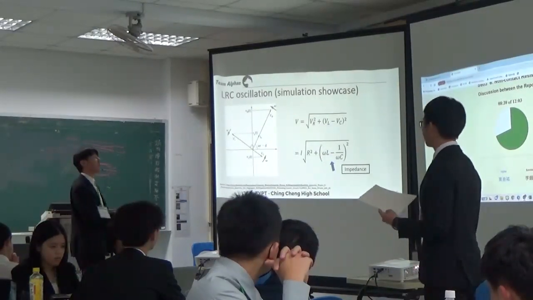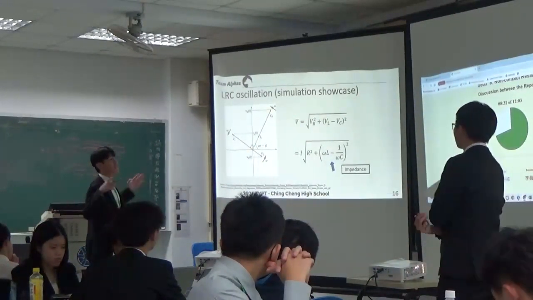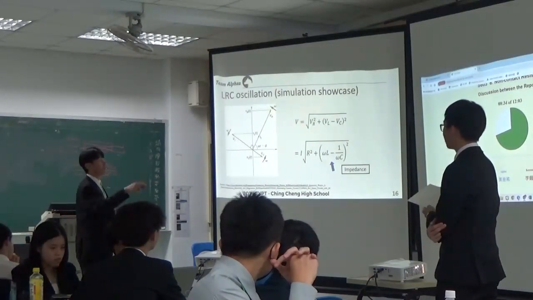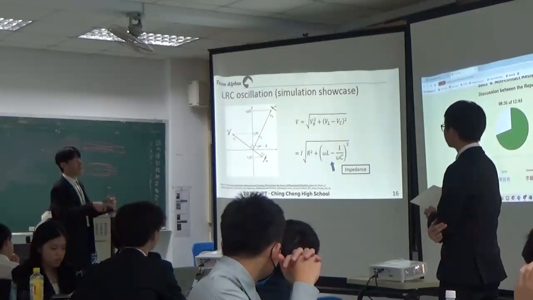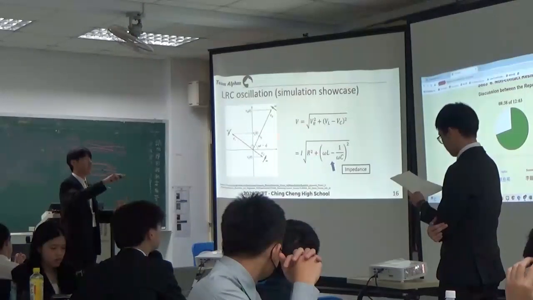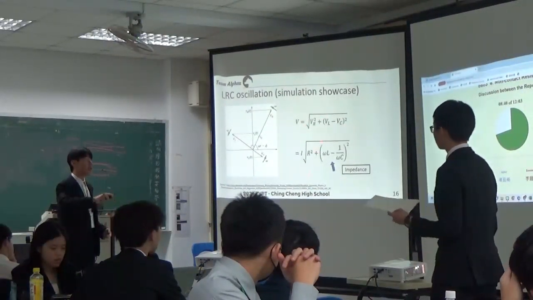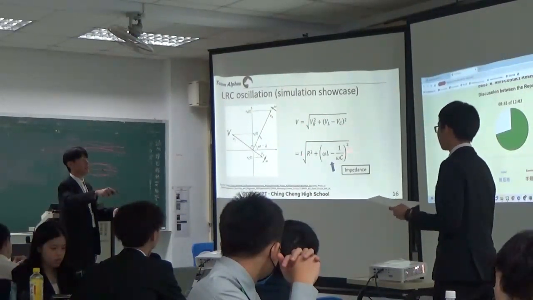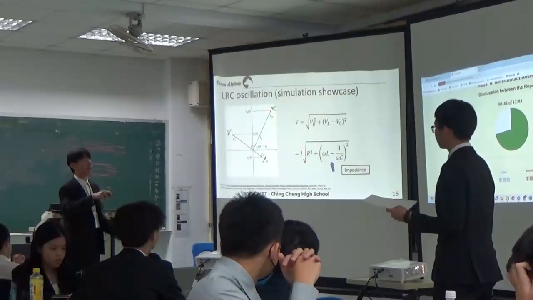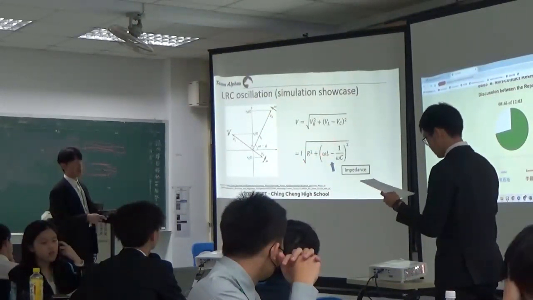When we calculate the sum of the instantaneous voltage, the current will be factored out, and there will be R squared and other impedance components.